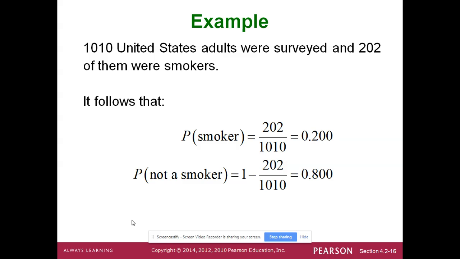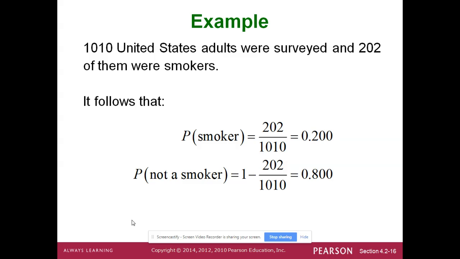You find the probability of it being a smoker from some data that we're given is 202 out of 1010, and then subtract that away from 1, and you get the complement probability of not being a smoker. So complement is the probability of that event not occurring. The easiest thing to do is 1 minus the probability of the event occurring.